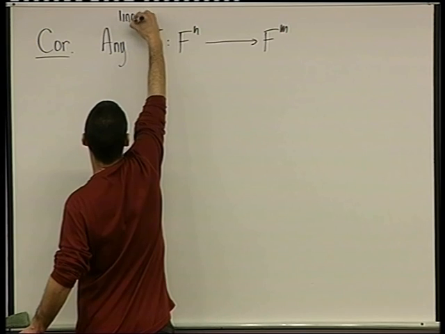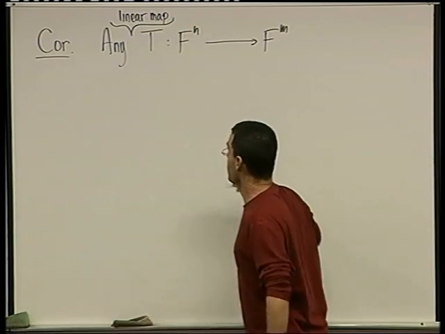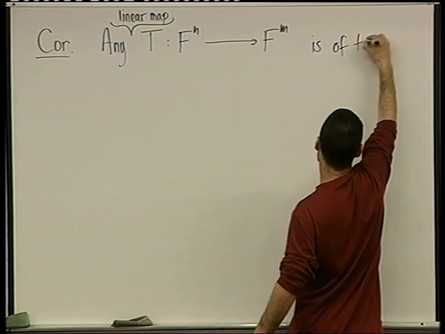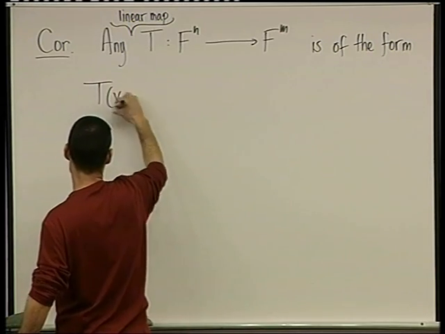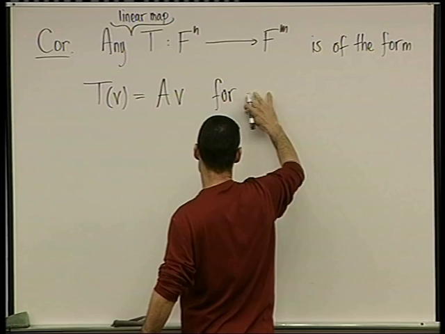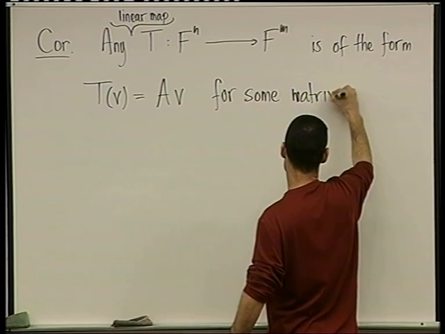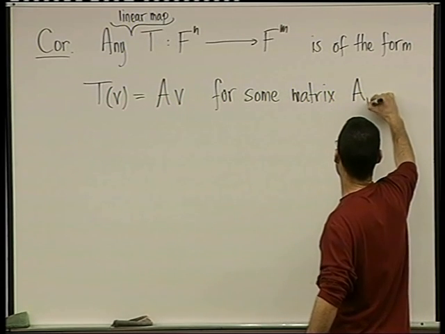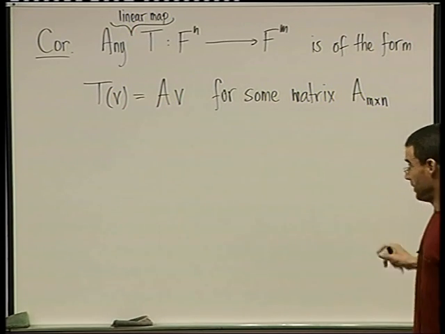Any linear map T from Fn to Fm is of the form T of V equals A times V for some matrix A. And A is going to be of size m by n. Okay? Why is that true?